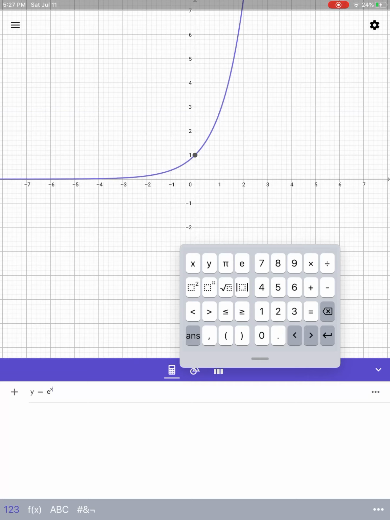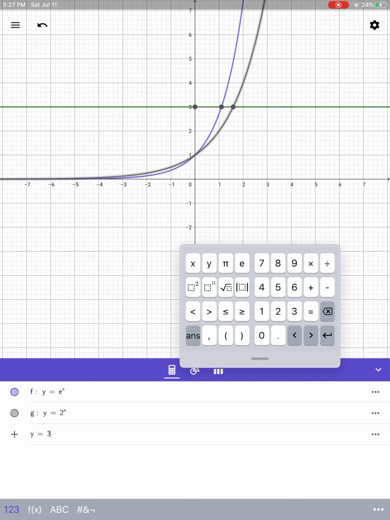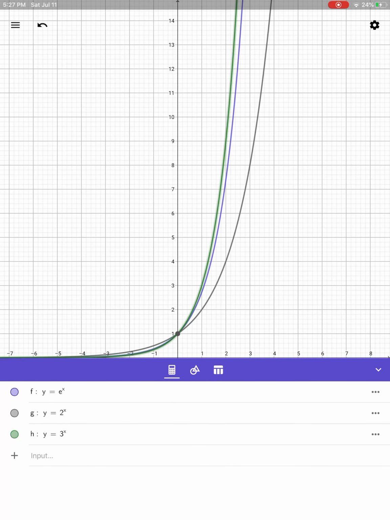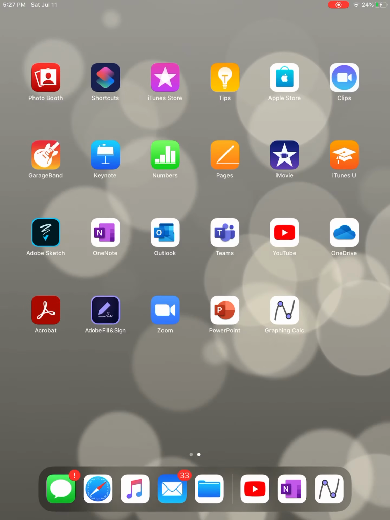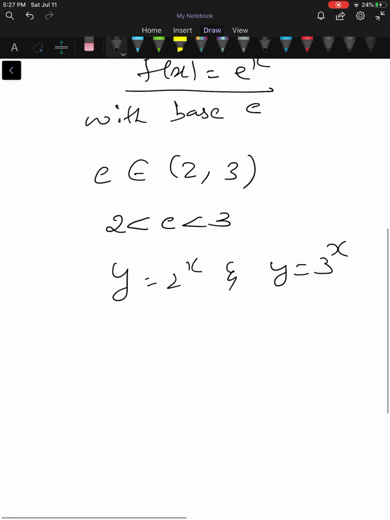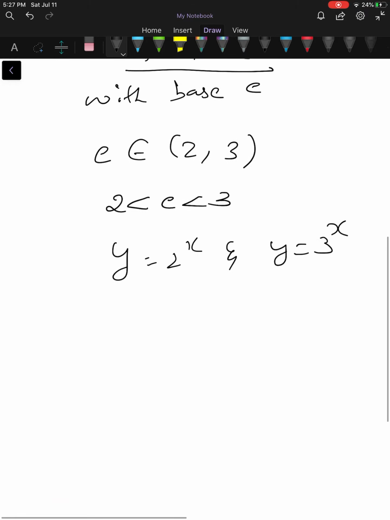We have y is equal to e power x, the purple line. With y is equal to 2 power x and y is equal to 3 power x, you can see that the purple line is in between the green and the gray line. That's why the graph lies in between.